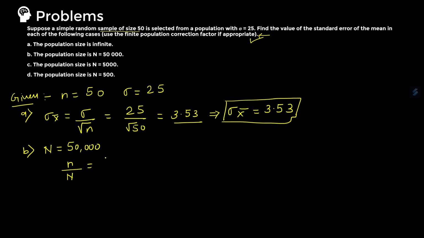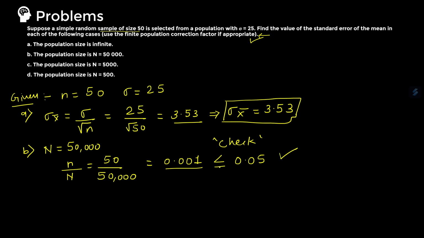So in this case, we have our sample size as 50 and our population size as 50,000. So our value comes in around 0.001. Okay, then next step, what we do is we check whether it is lesser than or equal to 0.05. So in this case, it is less than or equal to 0.05, which means that it is an infinite population.